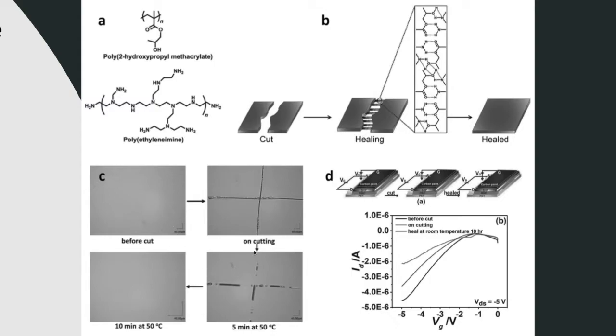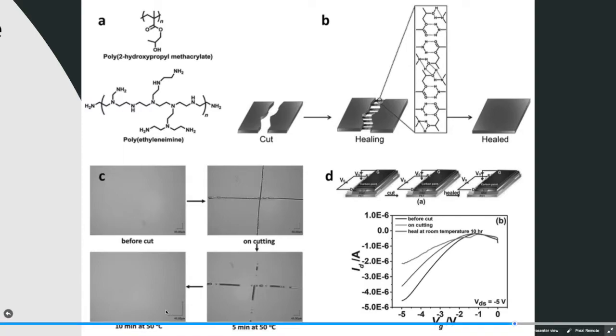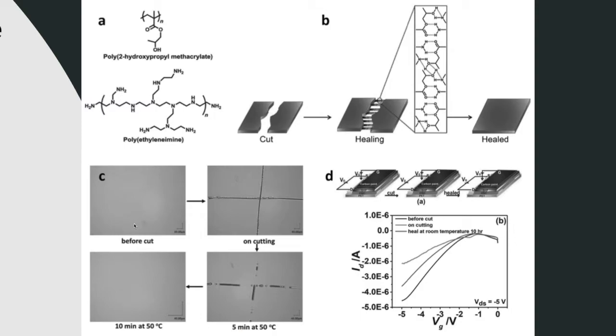Before the cut, then cutting, and then they increase the temperature, so the stimulus is temperature. After 10 minutes, it's already the same as before. They also check the electrical property to make sure it performs. It's not really 100% self-recovered, but at least it's still okay to perform.